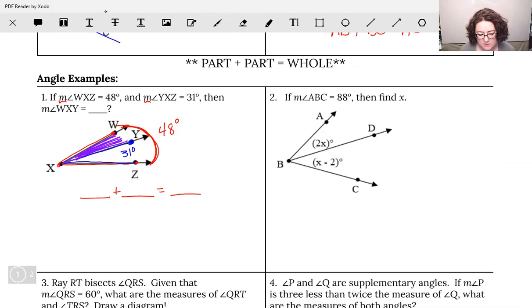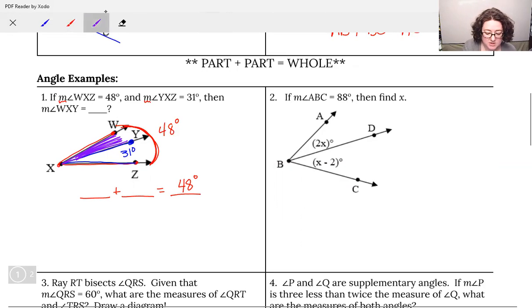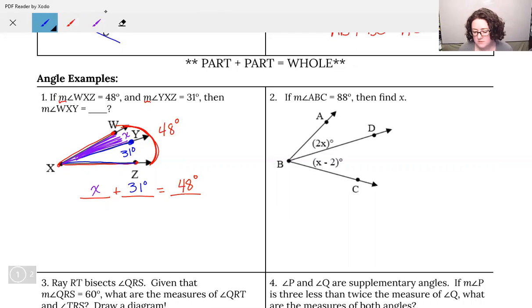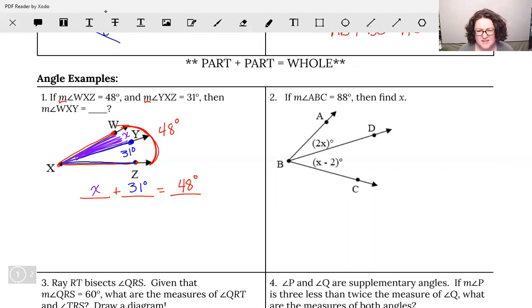Our whole angle was angle WXZ, which was 48 degrees. Our parts were our purple section. I don't know what that measure is. So what I'm going to do is give that a variable. Let's just call that cursive X. So the purple part plus the blue part is going to equal the whole angle, or in this case, the red part.